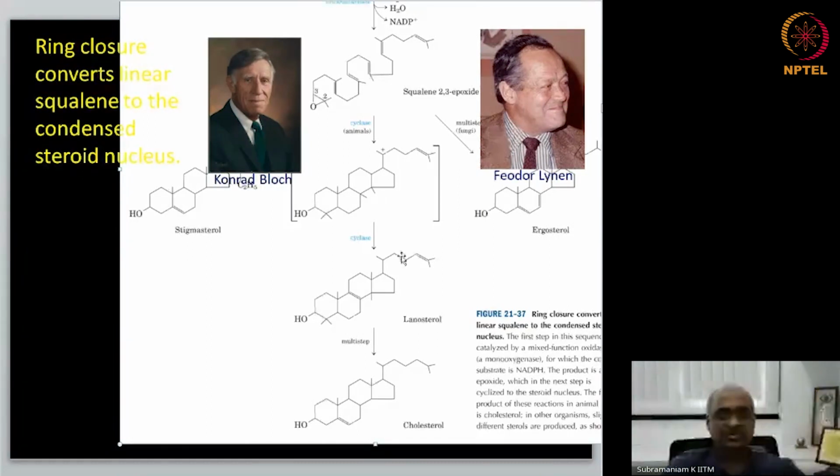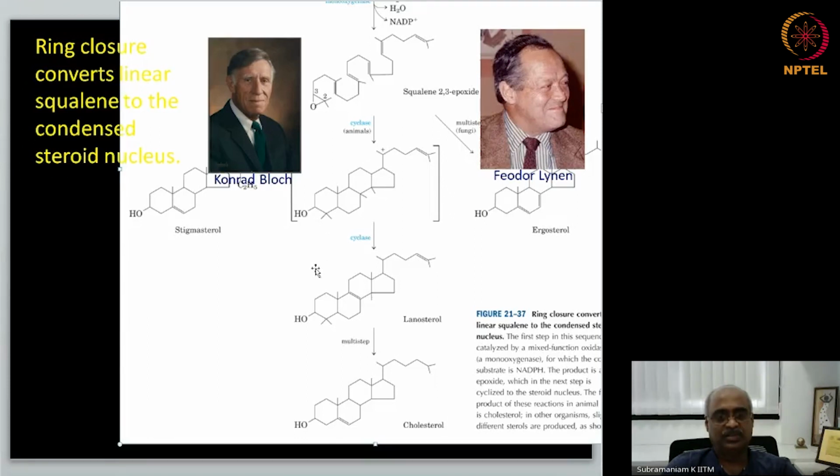Okay, so essentially the steps that we are skipping by simply labeling multi-step involves a series of double bond reduction and shifting or removing of these methyl groups, jutting out here. See here you have 2 methyl groups and then additional methyl groups here, and so this methyl group is shifted to this.